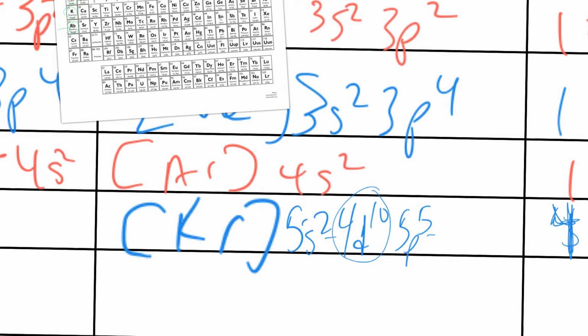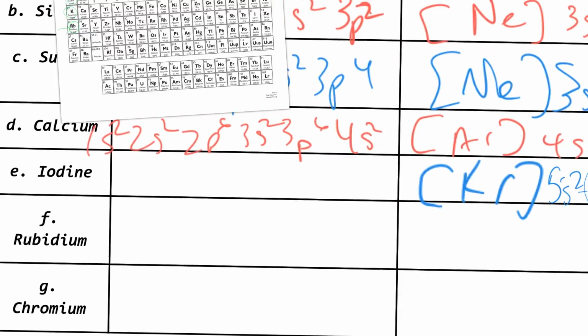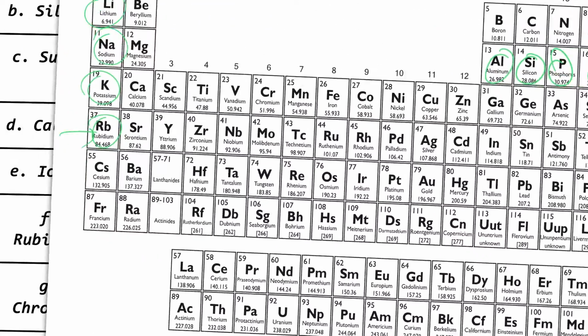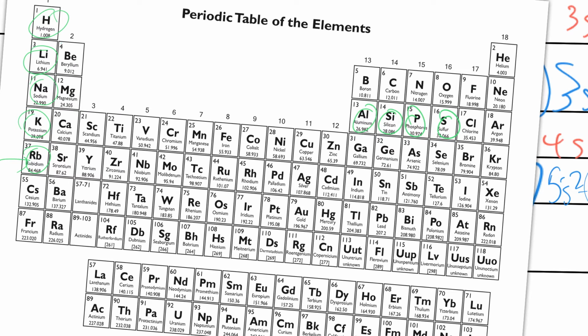Okay, 2 more left. Rubidium and chromium. Rb, rubidium's element number 37. So that means that I can count on it. It's right over here.